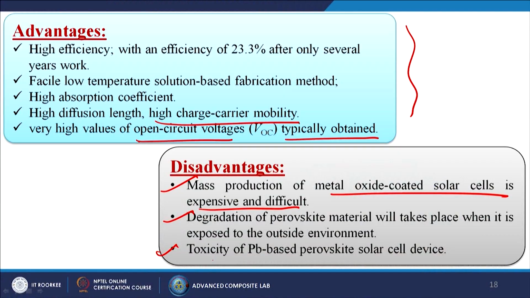And the last one is the toxicity of lead based perovskite solar cell devices, which generate toxic gases to the environment. So, these all are the drawbacks. That is why scientists are rigorously working to solve these disadvantages, so that they can generate the maximum efficiency using these materials.